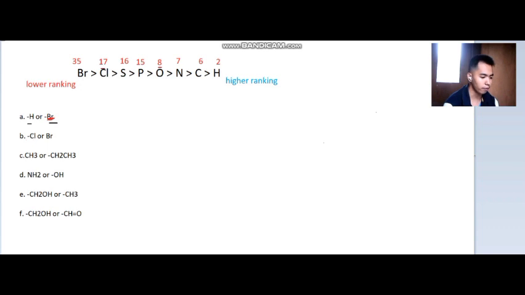In B, we have fluorine versus bromine. Bromine has 35 again and fluorine has 9. This means that bromine ranks higher again. Now in C, CH3 or CH2 bonded to CH3.